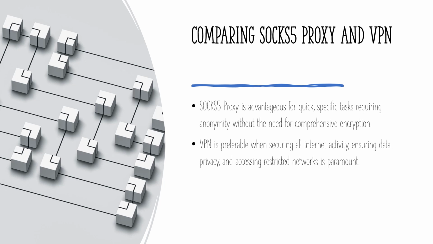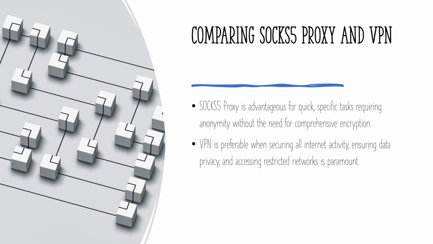Performance might be slightly slower than SOCKS5 proxies due to encryption overhead and the process of routing traffic through a VPN server. Security features. It offers robust encryption, securing data transmission against interception or eavesdropping, and providing a high level of privacy and security.